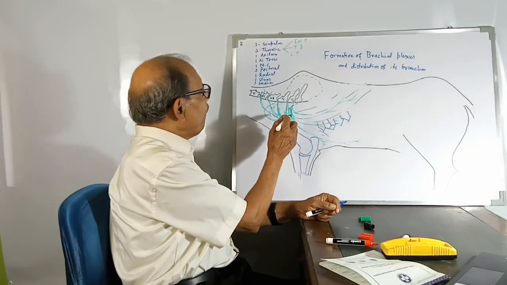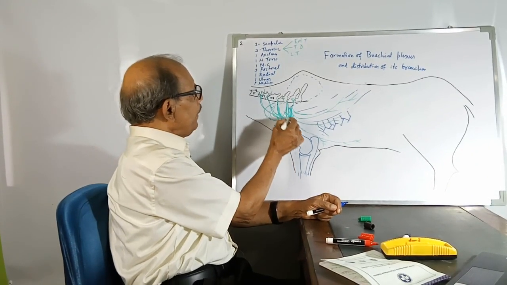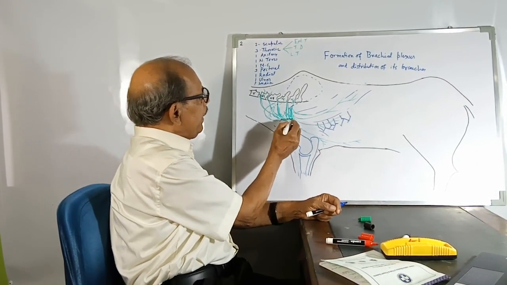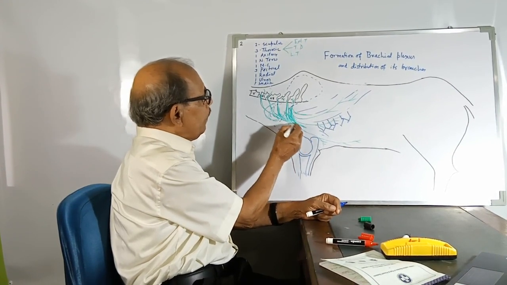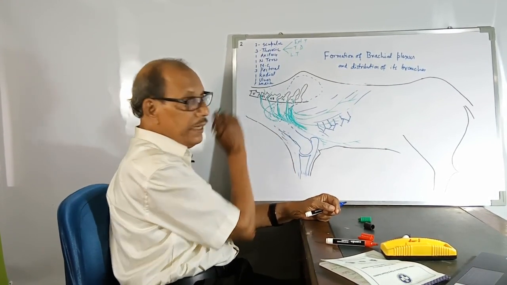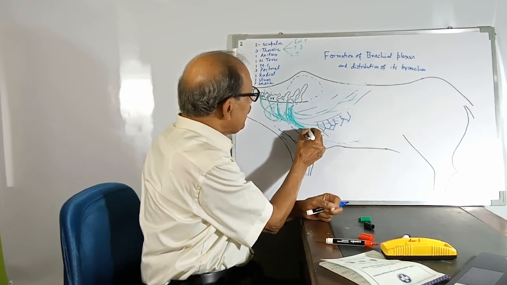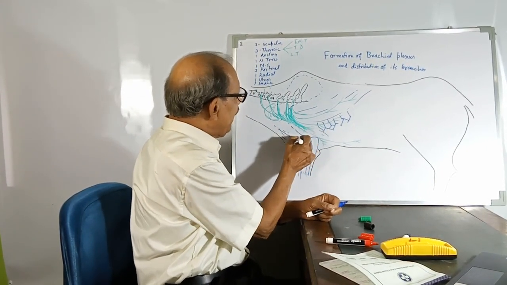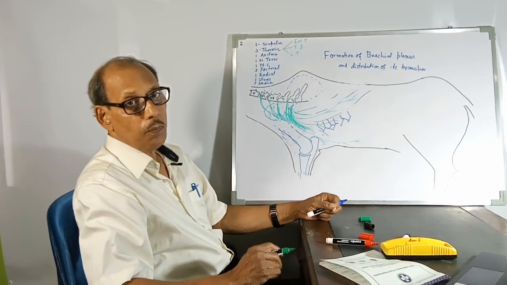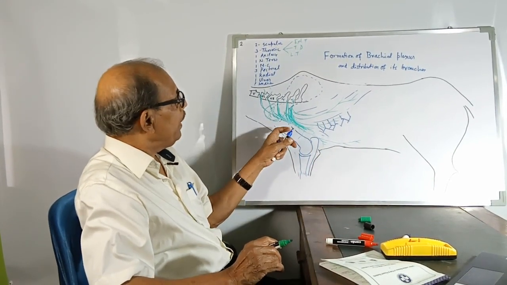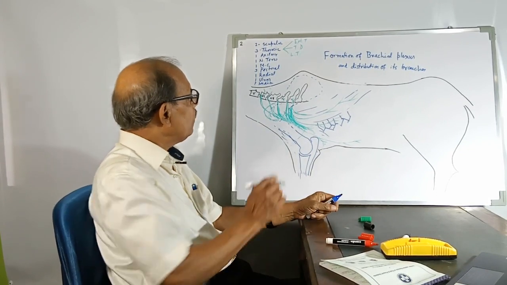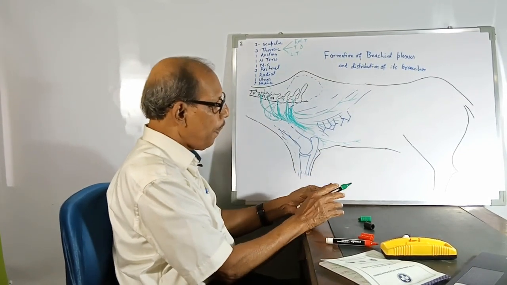Now from the main plexus, a thick nerve will come out, which is known as the axillary nerve. That axillary nerve will be distributed to the muscles of the arm, the triceps and biceps brachii, and will be innervated by the axillary. So this is the axillary nerve.